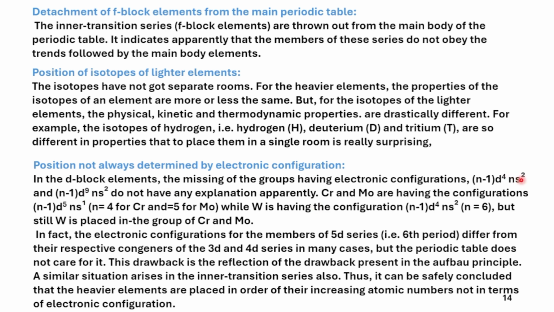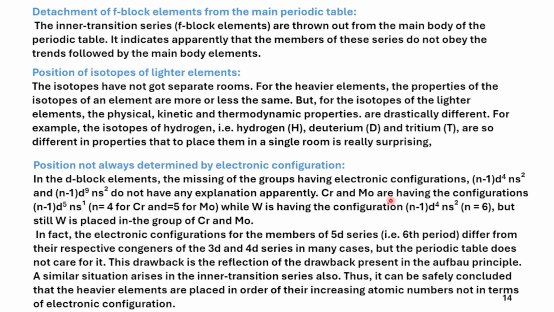Similarly, the d4 configuration will also take one electron from the s orbital and become n-1 d5 ns1. So this is called d orbital half filled, and here d orbital becomes full filled. This half filled, full filled concept we will also learn later. So these two electronic configurations do not have any explanation apparently.